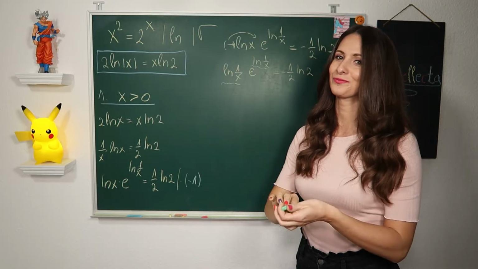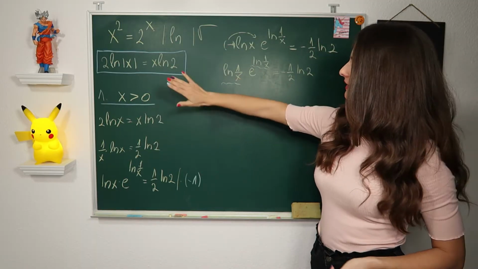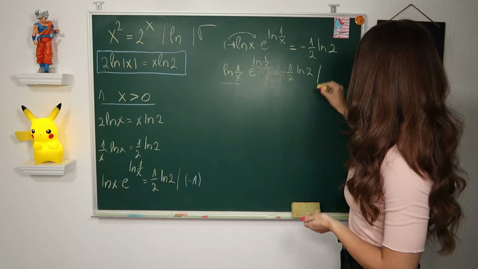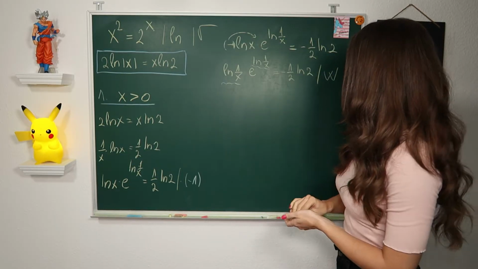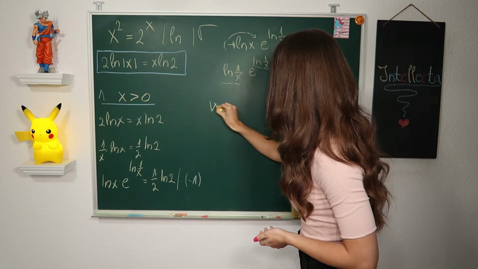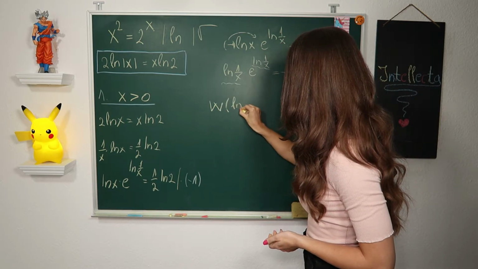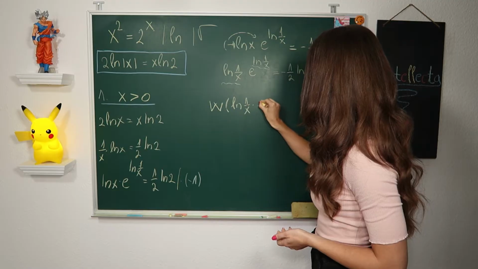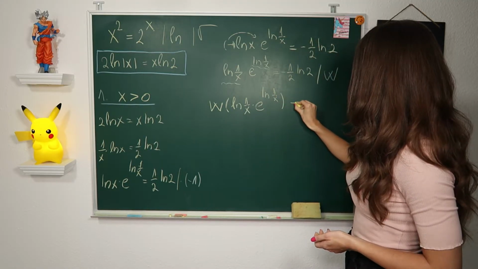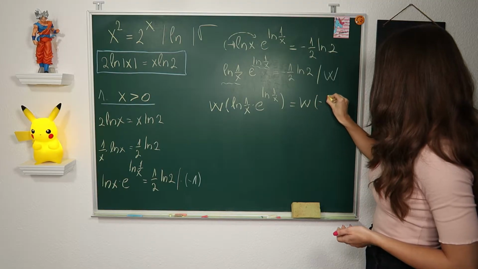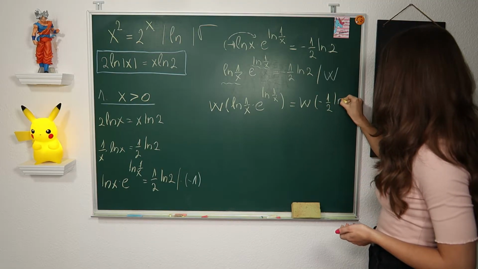And what should we do? Now let's apply the Lambert W function. So we are going to apply W, and we have W of ln 1 over x times e to the ln 1 over x is equal to W of -1 over 2 ln of 2.